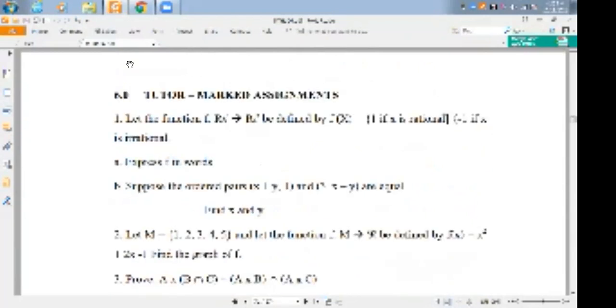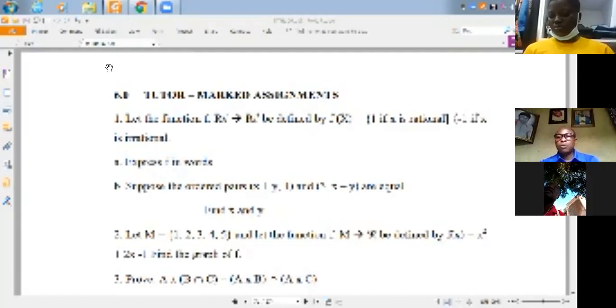So let me stop there so that I can entertain questions from you. Please, you can unmute yourself while I take questions. We have about 5 or 7 minutes to end the class. That's just what we need to discuss under functions or mapping.